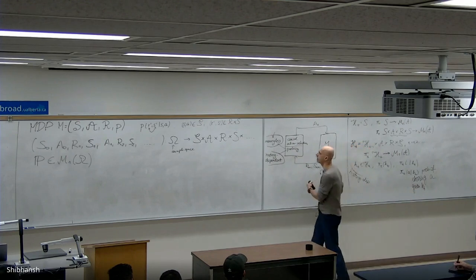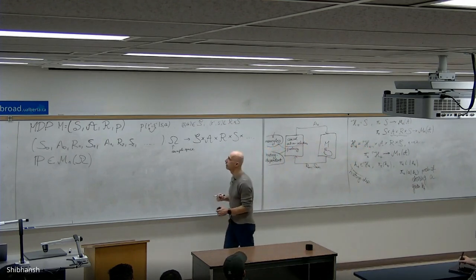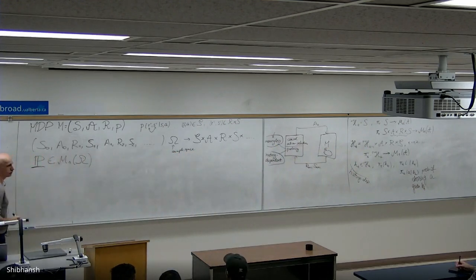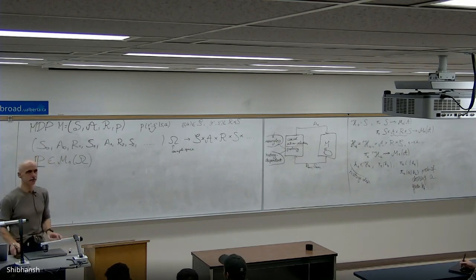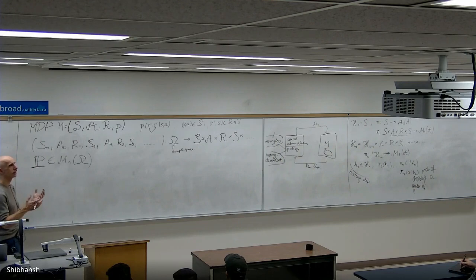So you can interconnect a history-dependent policy with an MDP, and that gives rise to this distribution P. Except that something else is missing, which also came up last week, miraculously, in our discussion with pick and place, which is the distribution over the initial state. So what's the initial state of the process? How does the MDP start?